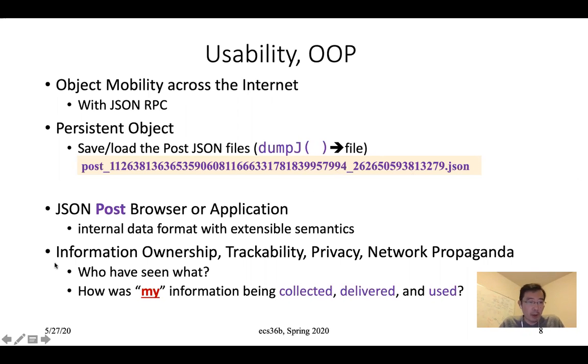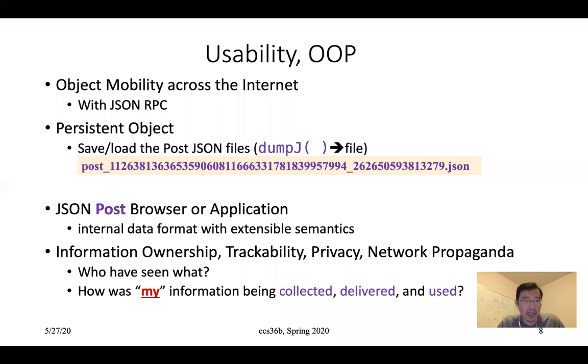And the other part, which could be a project, the last one, I call it information ownership, trackability or traceability, privacy, or network propaganda. When you create a post, like what you have done for homework assignment number 5, it contains people's comments, people's likes, and reactions. One thing you might want to know is, who actually has seen my content?